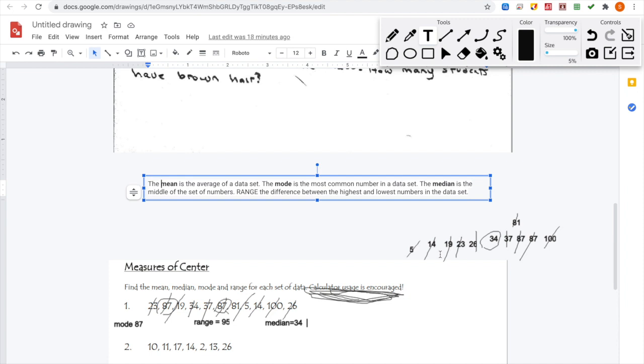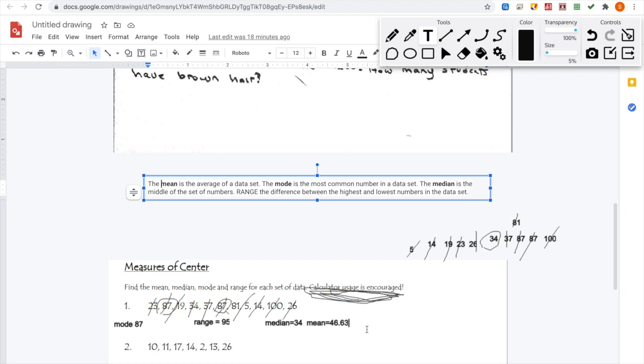So it should come out to 513. And then we need to divide by the amount of numbers that we added. So we added up 1, 2, 3, 4, 5, 6, 7, 8, 9, 10, 11 numbers. So we're going to take that 513 and divide it by 11. And we are going to get a mean of 46.63.